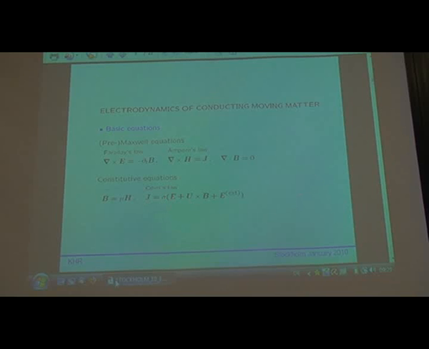In general, you have not a simple conductivity, but you have two different conductivities depending on the velocity, one for the component of J parallel to the velocity and the other for the component orthogonal to the velocity.